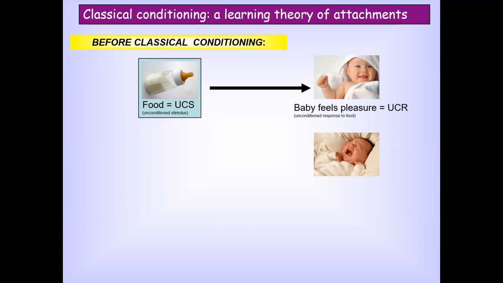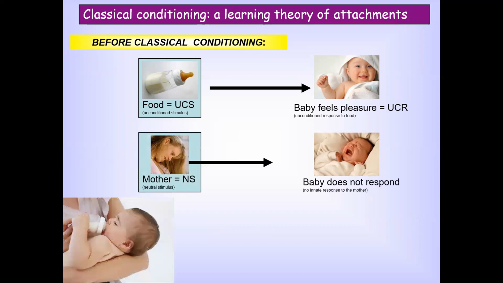Now we introduce the baby to the mother. The mother is a neutral stimulus. The infant will carry on crying because it hasn't learned how to respond to the mother. So the mother is seen as a neutral stimulus. Now we need to start this process of conditioning. So what happens?